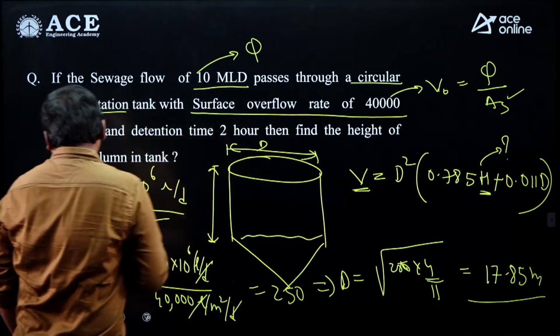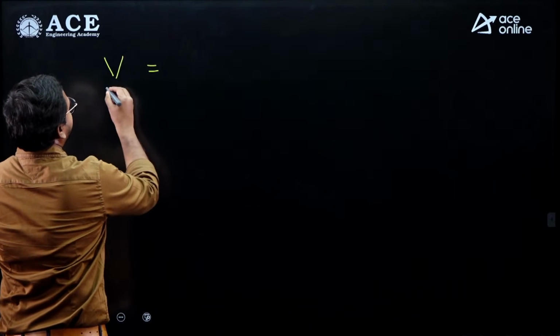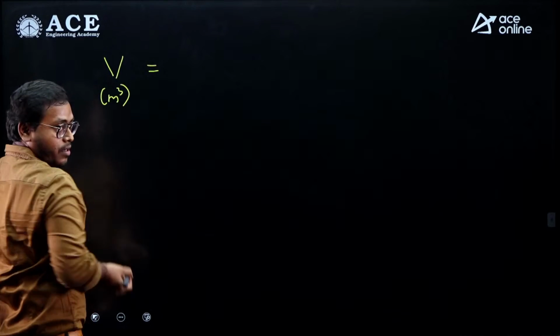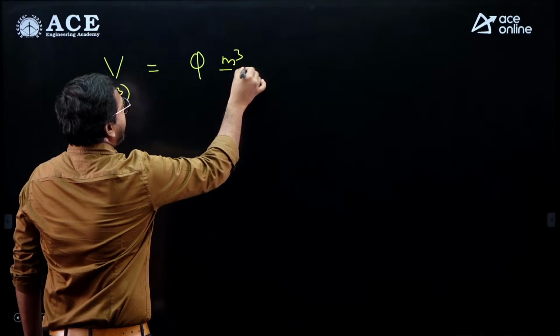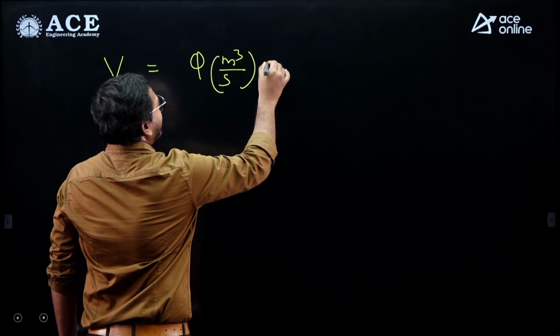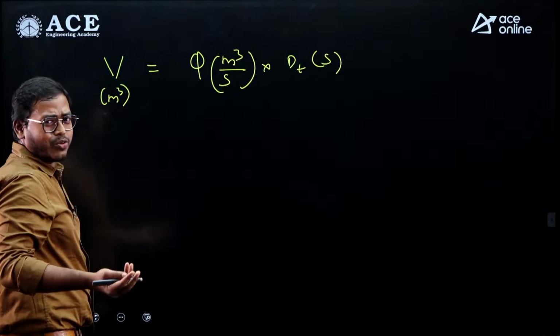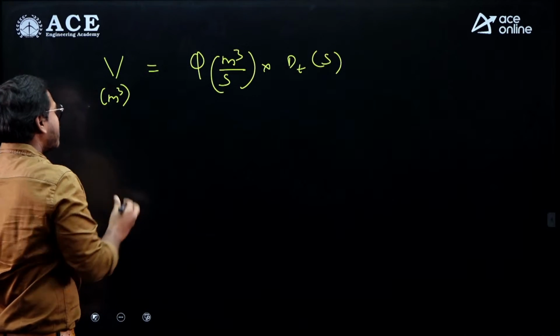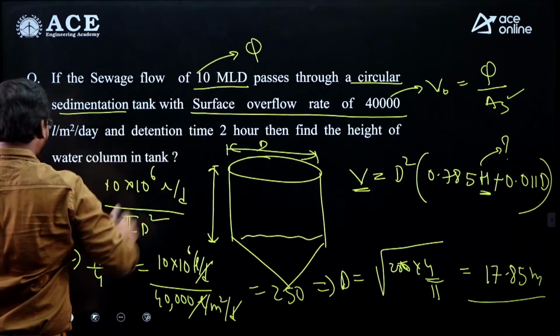Where will the volume come from? Very easy, you know very well that volume units will be meter cube, right? All you have to do is discharge, which is meter cube per second, just let us say, multiply the detention time, second cancel, you will be getting your meter cube. Simple dimension analysis. So the volume will be Q given 10 MLD.